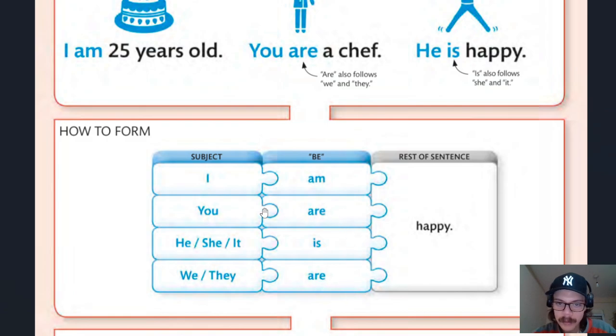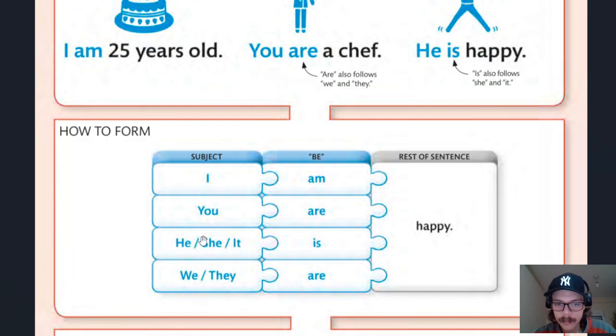Okay? And I have to clarify here. You can be singular, okay? But it can also be plural depending on the context. Now, that doesn't matter. Whether you're using it for singular or plural, it'll always go with are. Okay? So I just group it together with we and they. So you, we, they, plural, go with are.